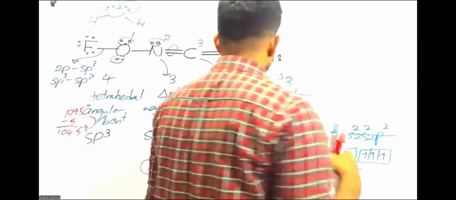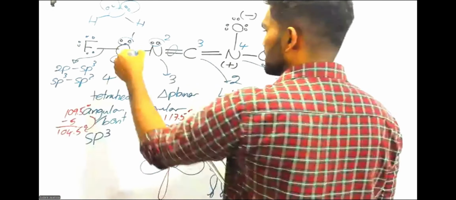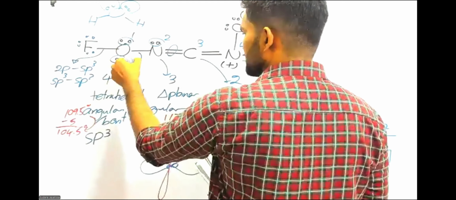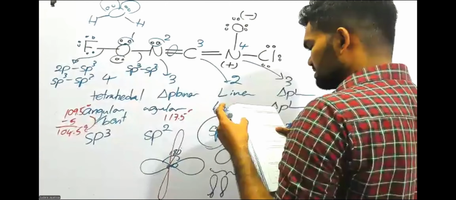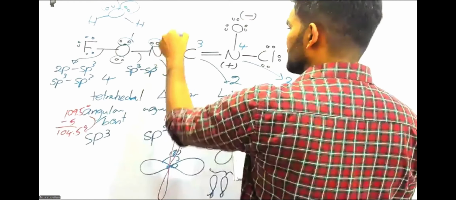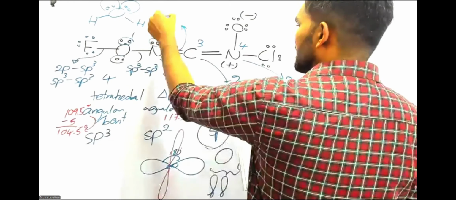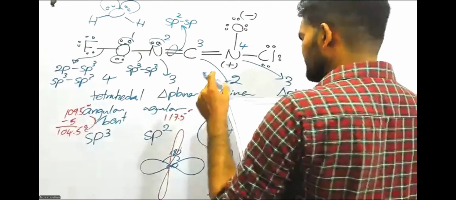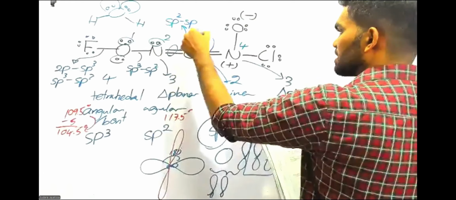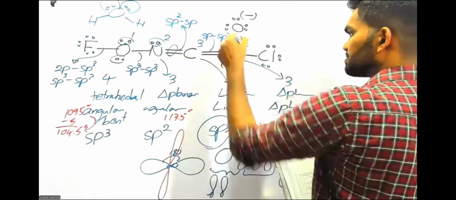Then O1 and N2: here you have sp3, sp2 overlapping. And then N2C3, one of the 2 bonds is sigma, and that is also sp2 sp. And C3N4, sp2.